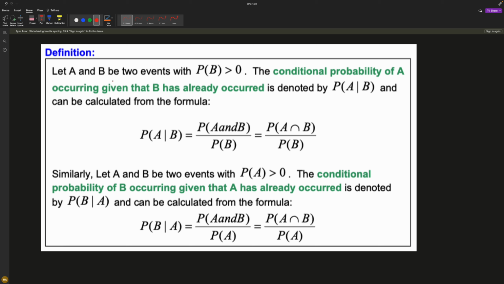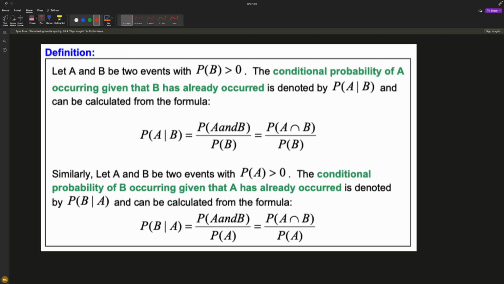Now we are going to get into a little bit trickier things. Let A and B be two events with the probability of B being greater than 0. So this is a conditional probability. We're saying that A occurs given that B has already occurred. So when would we need this type of probability?